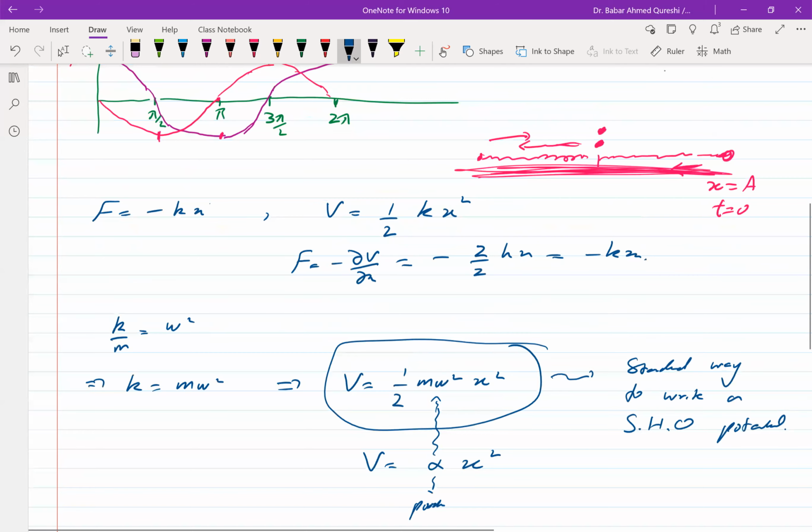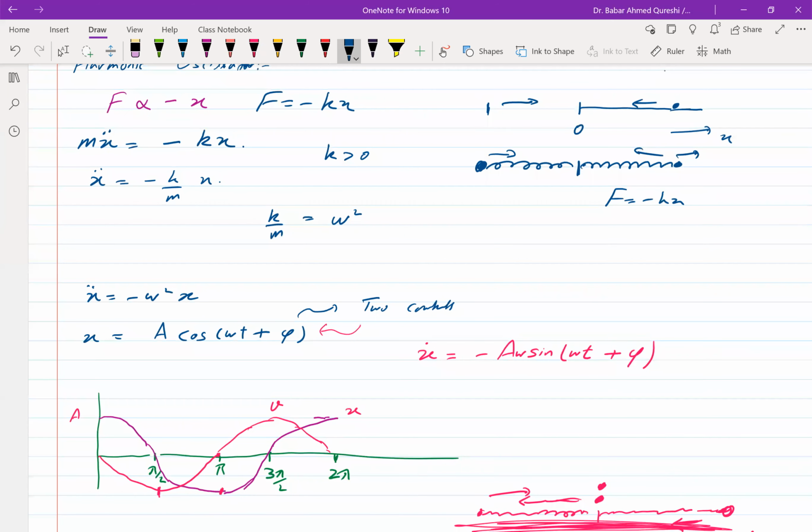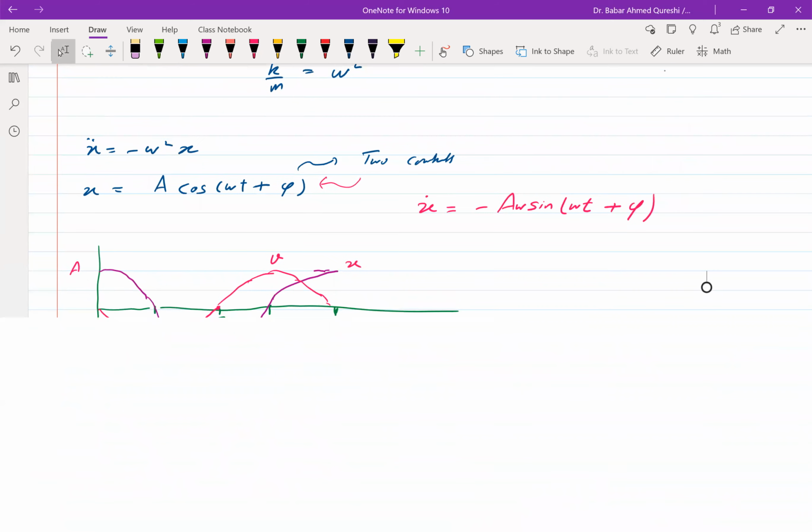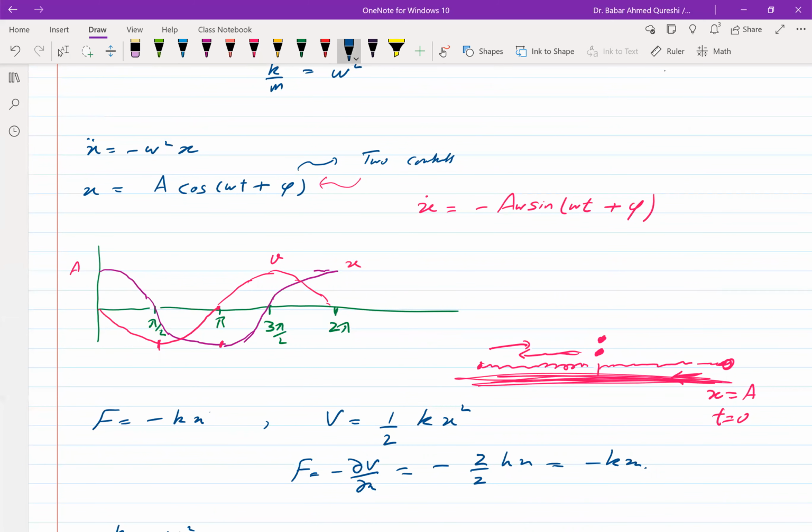Because you can see that depending on k, you have different frequencies. Once you fix this k in this force, your frequency is fixed. All you can do is change this A and phi. Changing A means pulling it, giving it a larger maximum distance, because from this graph you can see A just corresponds to the amount by which you have pulled, or the distance it covers in its oscillations.